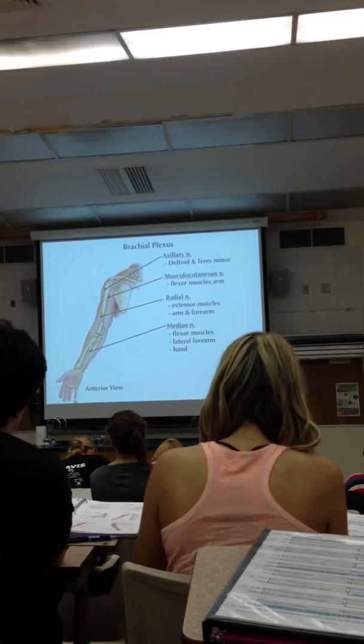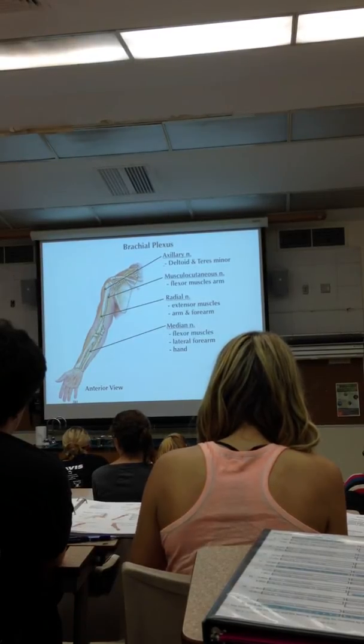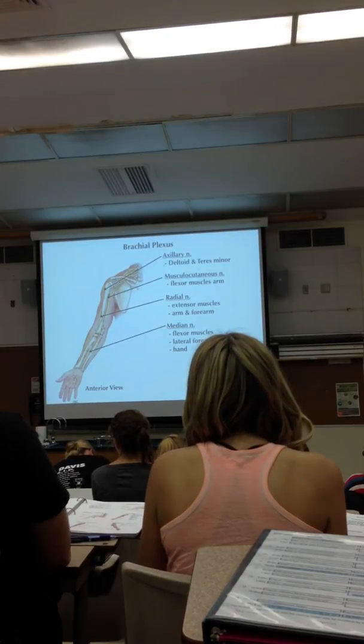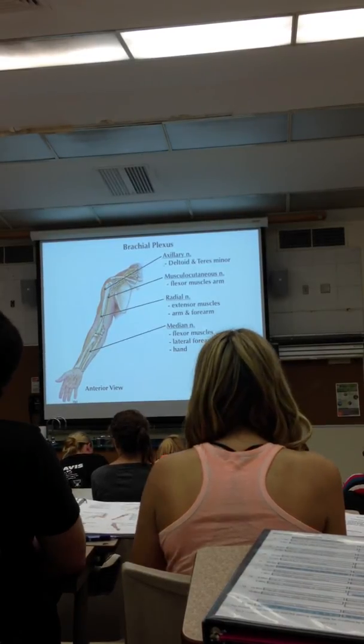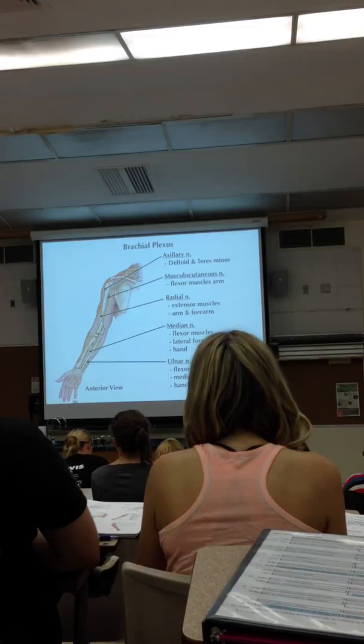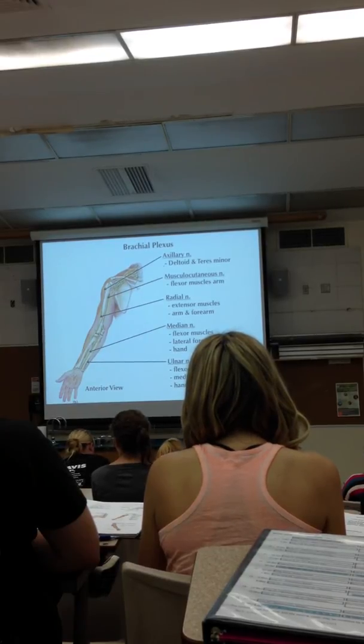Median nerve, that's the one that goes through the carpal tunnel. That's the one that gets nailed in the carpal tunnel. That's getting flexors in the forearm, mostly to the lateral side, okay, and into the hand. And then finally, the ulnar nerve is more on the medial side, but it's getting flexors, mostly on the medial forearm. So this actually is good enough for me, okay?